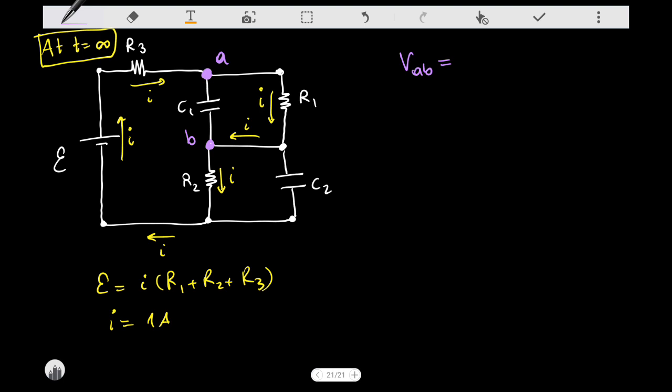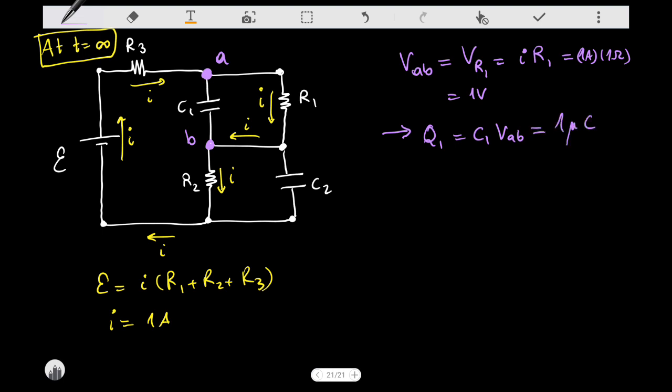But I can find this potential difference when I go over this resistor. I basically follow this path. So in that case, this is equal to the potential drop on the resistor R1. So let me show it like that. So therefore, this is I times R1. So in this case, this is 1 ampere, 1 ohm. So that's a 1 volt potential difference. So that's VAB. And so therefore, the charge on the first capacitor is capacitance times VAB. So therefore, this is 1 microcoulomb.